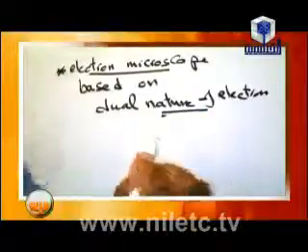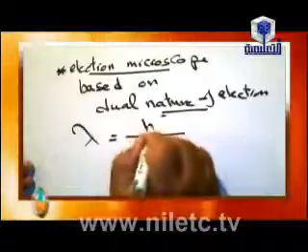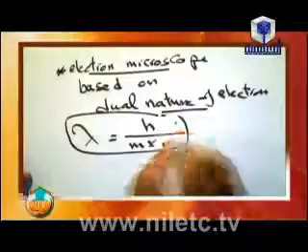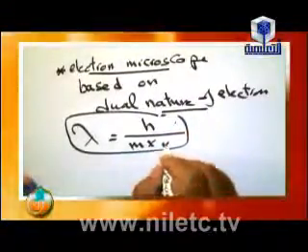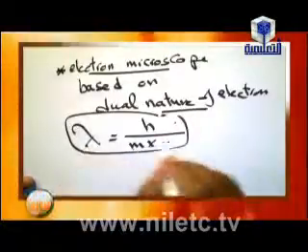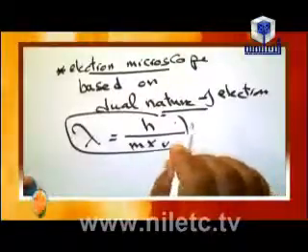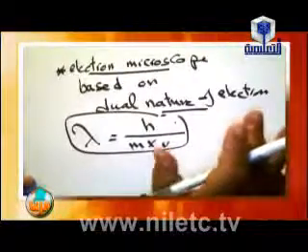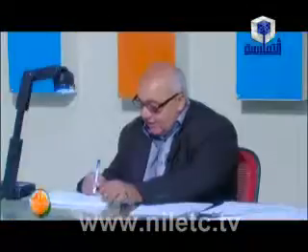I can write the rule to explain this: lambda equals h over m times v. Lambda is wavelength, h is Planck constant, m is mass, and v is velocity. By increasing the velocity of the electron, the wavelength decreases. When the wavelength is decreased, we can magnify the virus, because the wavelength of the light used must be smaller than the object that you want to magnify. This is the scientific idea of the electron microscope.